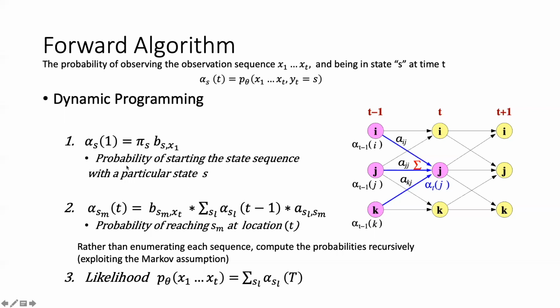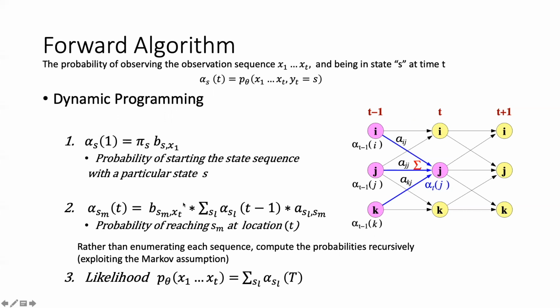Let's initialize the alphas in the first step: the probability of starting the state sequence with a particular state s is computed as the initial probability of being in that state s and emitting the symbol x1, that is, the probability of emitting the symbol x1 in the state s. This is similar to what we have observed in computing the inference problem using deltas.